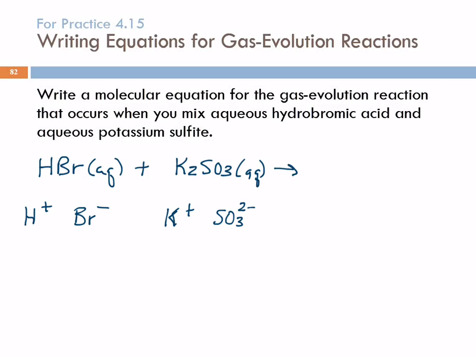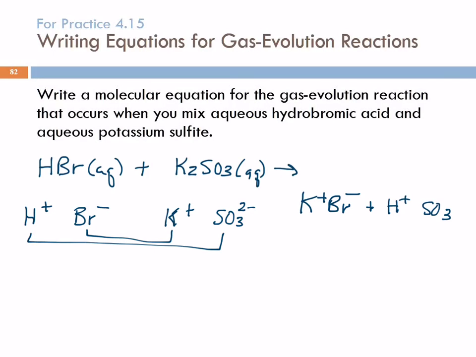We're going to predict the products by just swapping ions and seeing what we end up with. So we're going to get K plus and Br minus, and we're going to get H plus and SO3, 2 minus. So that gives us KBr. Is that soluble? Yeah, potassium compounds are always soluble.